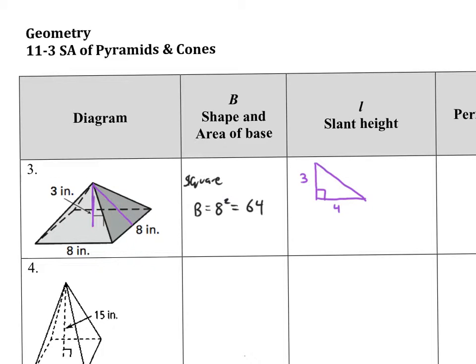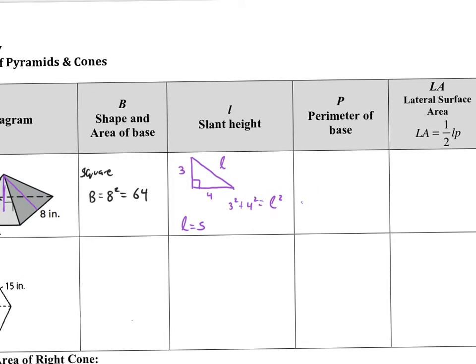Here is the slant height, so I'm just connecting the bottoms here, which would be half of this side here. So I get that. Now, some of you quickly note that L has to be 5 because this is a Pythagorean triple. If you have forgotten that, then 3 squared plus 4 squared is equal to L squared, and that'll still give you 5. Okay, so now we have L is 5.